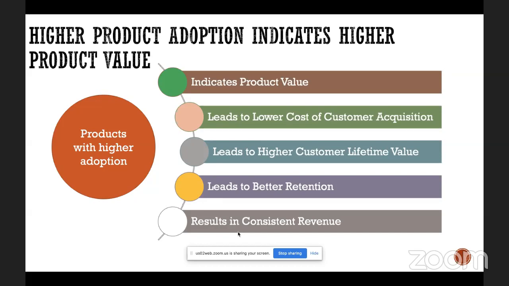Let's say if the value proposition is an e-commerce site, for example, the customers keep coming again and again for different products, different needs, products for themselves, products for gifting, and ultimately in a customer's lifetime, you basically lead to a higher CLV.